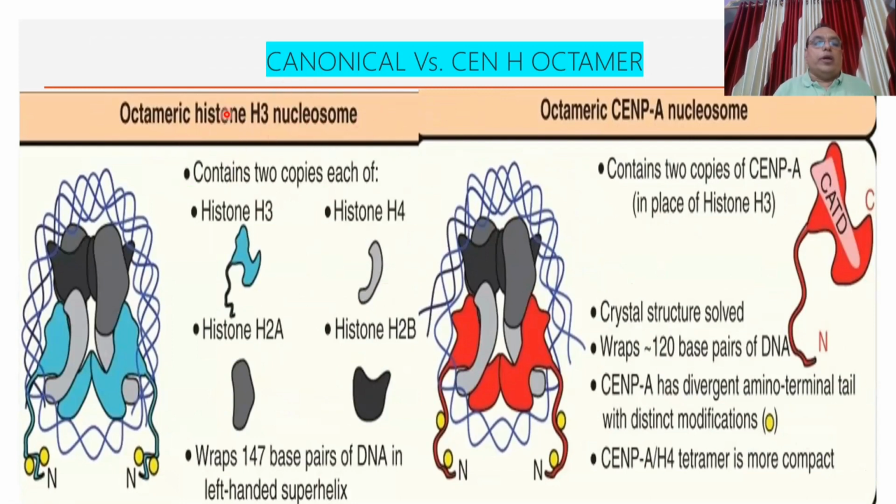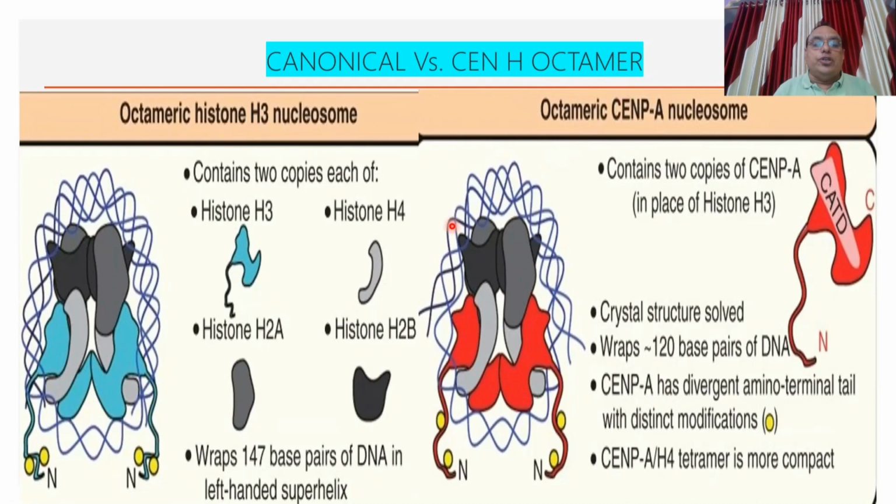This is canonical, the usual histone nucleosome, and this is the CENP-A. In this case, canonical H3 is found, that is the H3 found in normal nucleosomes, and here that H3 is replaced by CENP-A. CENP-A, as I have told you, is the centromere marker. It has imparted the property of centromere on that part of the chromosome.